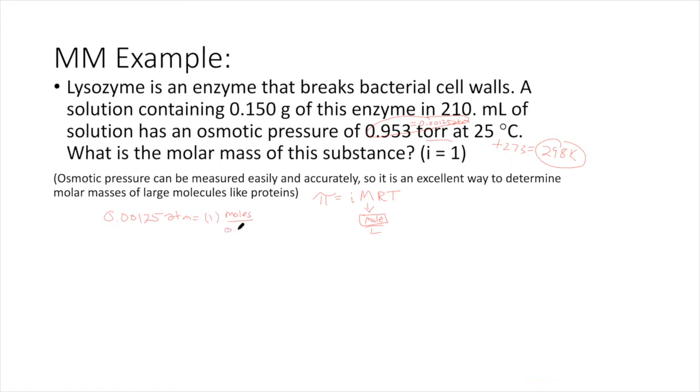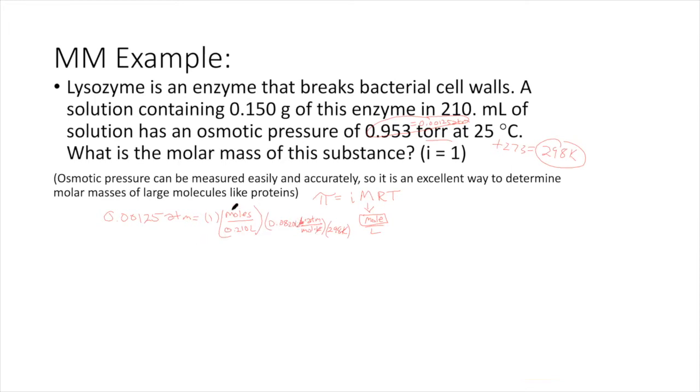So that's 0.210 liters. Okay, and then R is 0.08206 liter atmospheres per mole Kelvin, chicken scratch again, sorry. And then I multiply that times the 298 Kelvin. Okay, so Kelvin cancels.